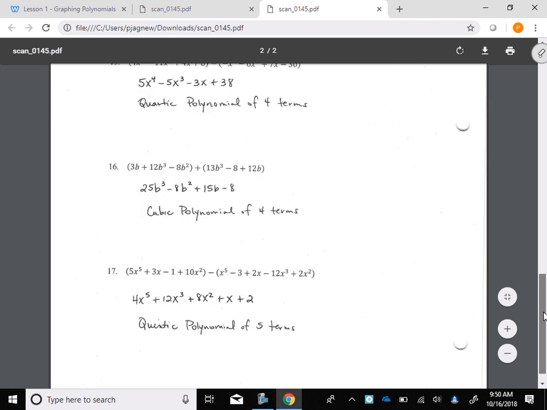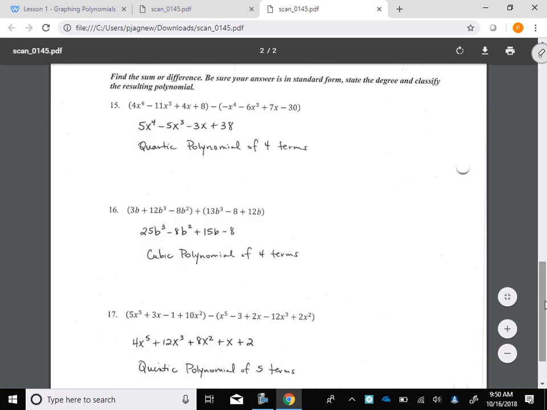And 15, 16, 17 just asked you to simplify those polynomials and write them in standard form and then classify them based on their degree and the number of terms.